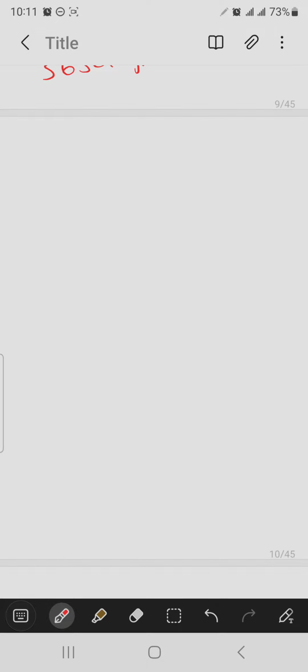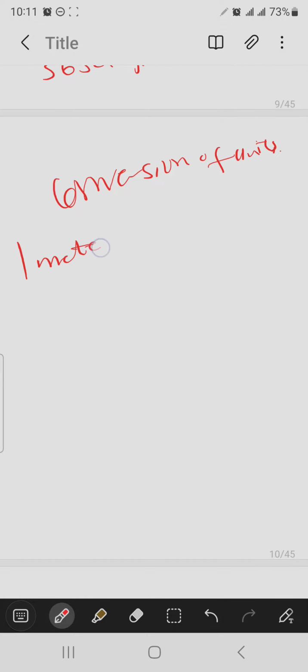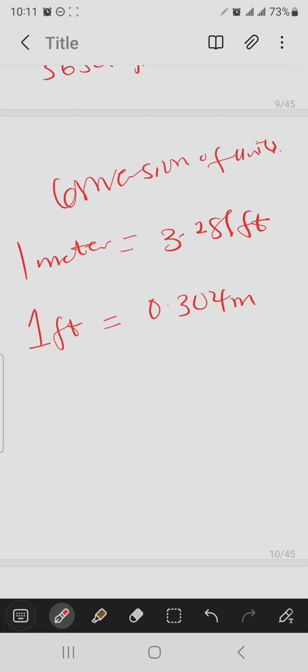So now we want to convert some units. So we have 1 meter, it will be 3.281 feet, and 1 feet equals to 0.304 meter.